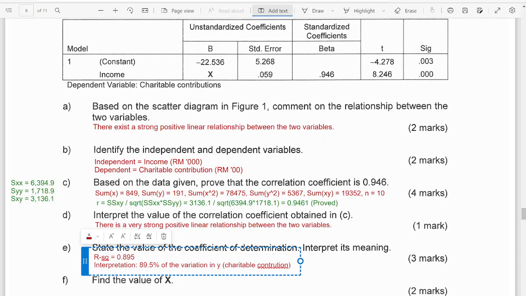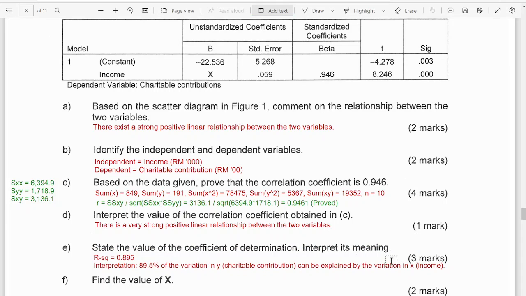Okay, 89.5% of the variation in Y can be explained by the variation in X. And in this situation, X is what? X is income.